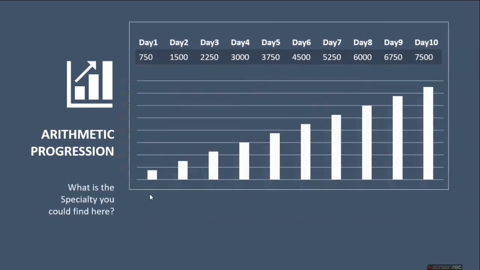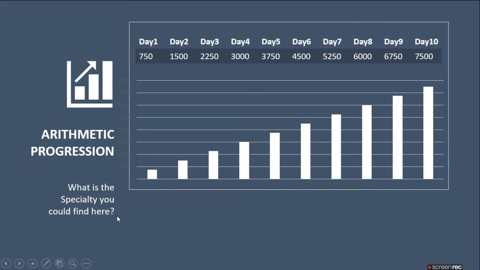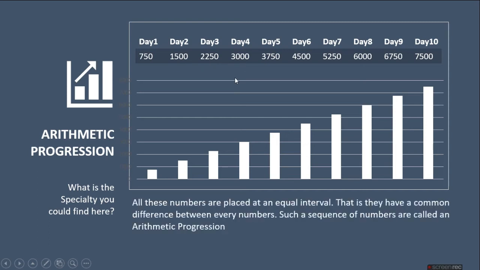Now what is the speciality that we could find out from the values of the sequence? These values are increasing in an equal interval, or if you take the difference between two consecutive terms, this difference will be the same. That is, the sequence has a common difference. Such a sequence of numbers is called an arithmetic progression.